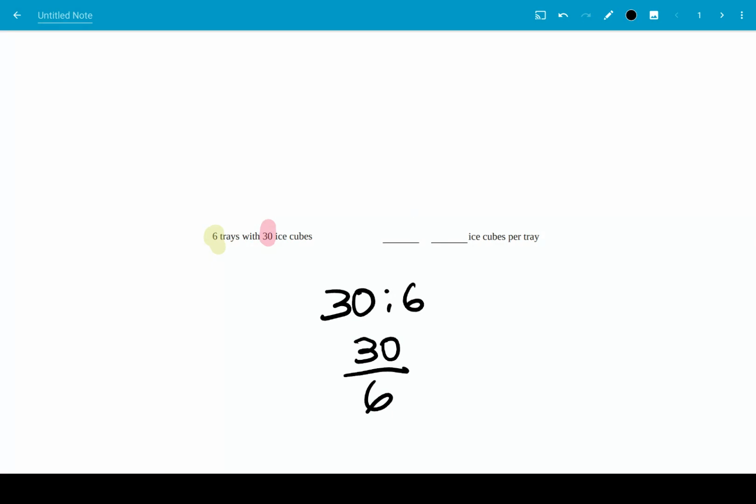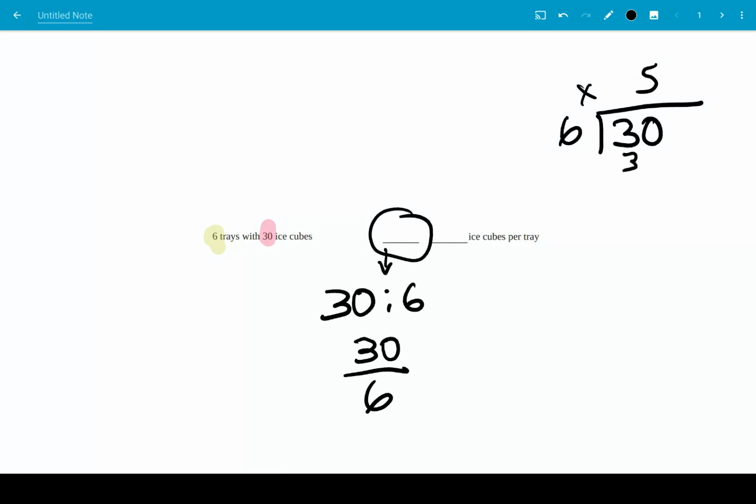So in this slot here, I could use any of the ones in the bottom. Now to figure out how many ice cubes per tray, what I need to do is take 30 and divide this by 6. And in this case, 6 times something gives me 30. That would give me 5. So therefore, there's 5 ice cubes per tray.